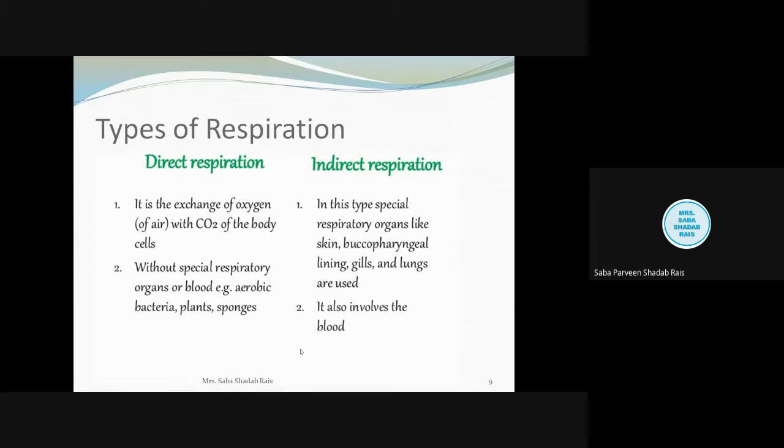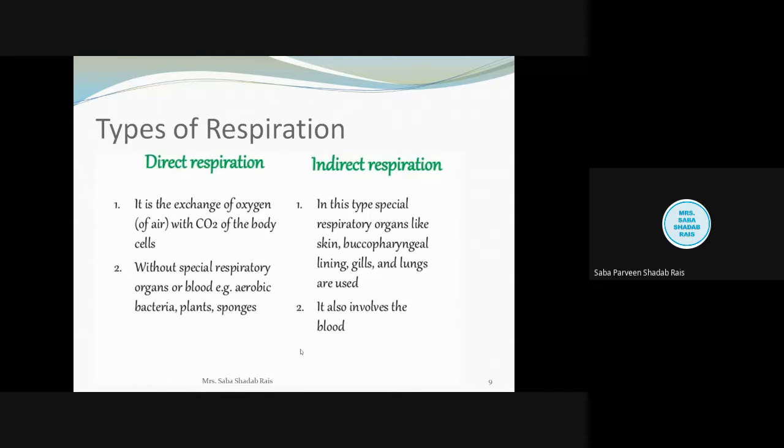Here the respiratory organ could be the skin, buccopharyngeal lining, the gills, or the lungs. In direct respiration, a respiratory organ is not required, and blood is not required. Aerobic bacteria, plants, and sponges have such respiration. They will not have any involvement of any respiratory surface or blood.